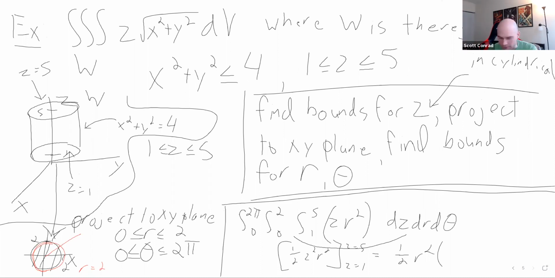Z squared at 5 is 25, and at 1 is 1. So we get 1/2 r squared times 24, which is 12 r squared. Then we plug that in and we know how to do the rest. If you want to do this integral yourself, which I would suggest, we get 64 pi at the end. The important thing is setting this up, getting the proper bounds, converting your integral to cylindrical properly.